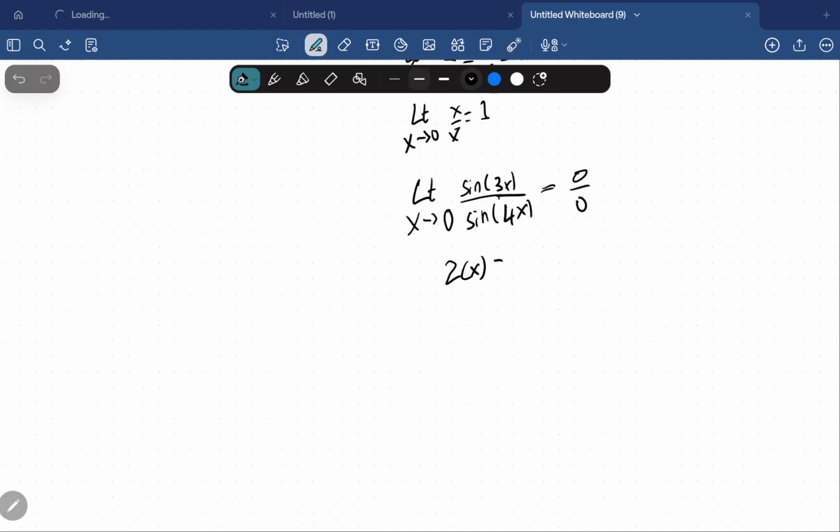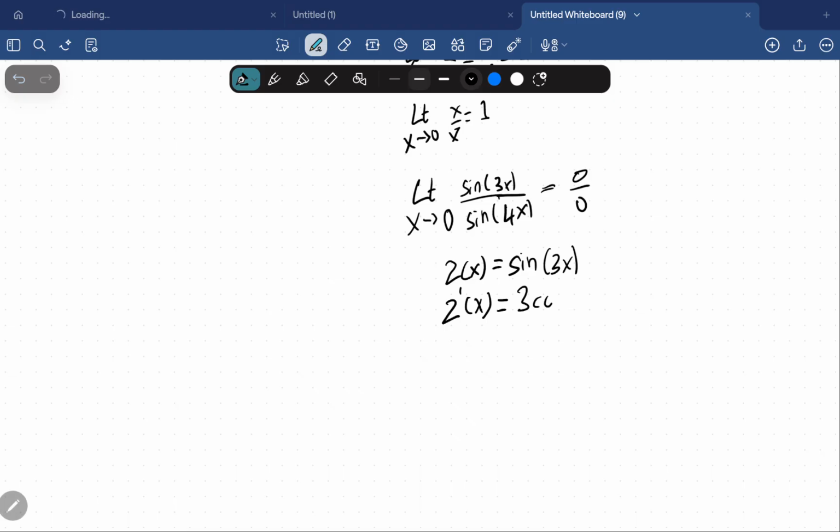So z of x is equal to sine 3x. I want you to take a moment and think about what the derivative is. Okay, there you go, you got your moment to think. Well, in this case, use the chain rule.